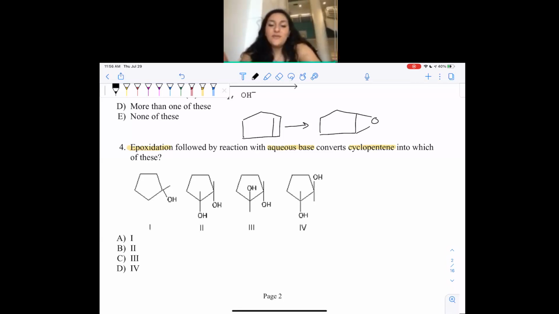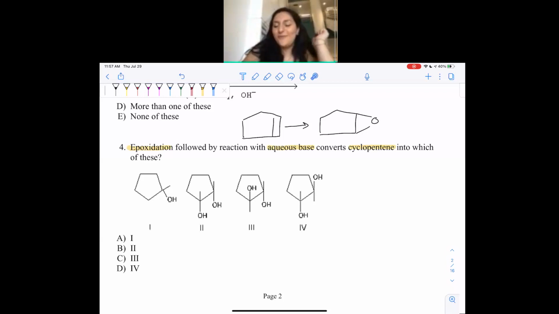Now, to review another concept, what reagent do we have to use to get from here to here? Peroxy acid.